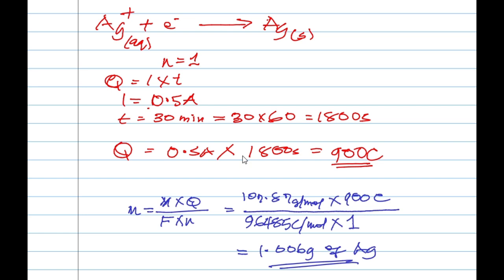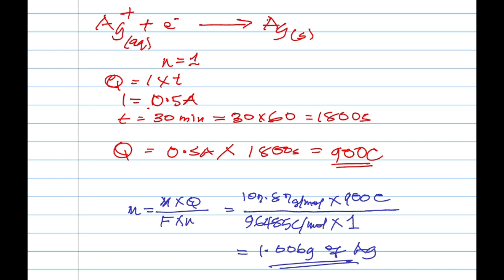So in order to summarize everything, we talked about Faraday's first law of electrolysis, and then we did some calculation regarding it. Faraday's first law of electrolysis says that the mass of a substance deposited or liberated at any electrode is directly proportional to the quantity of electricity passed through the electrolyte.